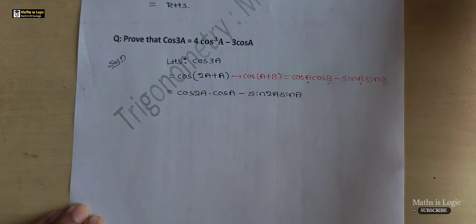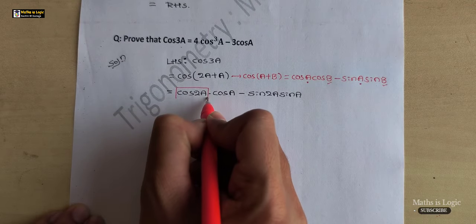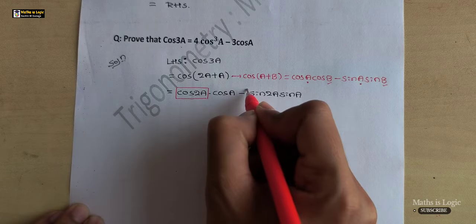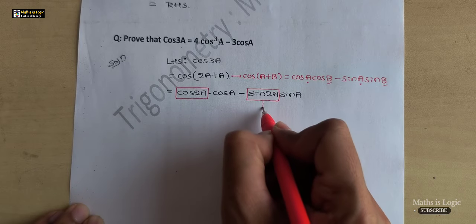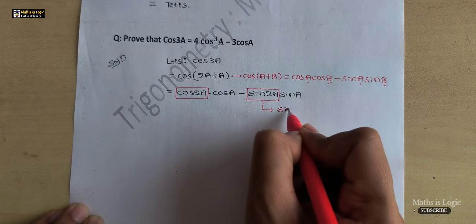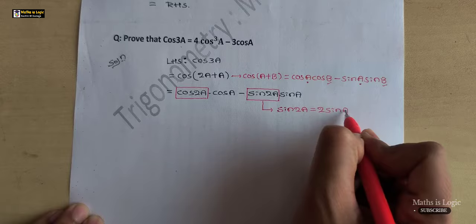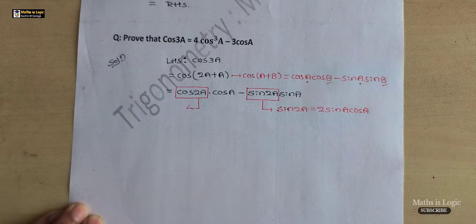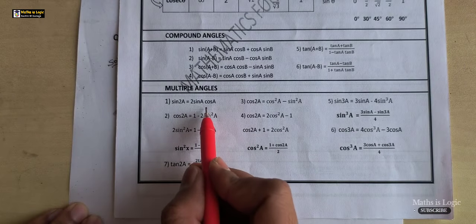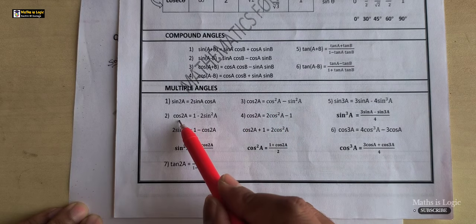Now, we need to replace cos 2A as well as sin 2A. So, we know the sin 2A formula. In multiple angle, sin 2A is 2 times sin A into cos A. Correct? But there are again 3 cos 2A formulas.